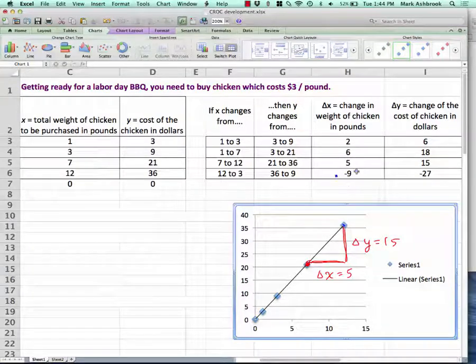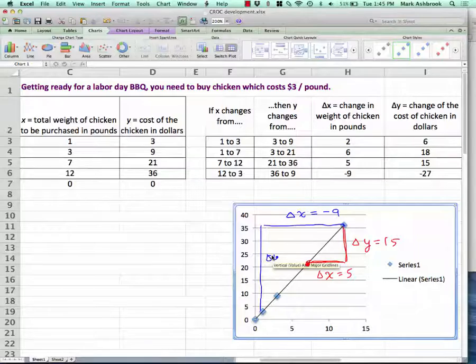Now, delta x is negative, so that means we're taking chicken off the scale, reducing the amount of weight. Delta x equals negative 9. And the corresponding delta y? When we take that many pounds off the scale, our cost goes down by 27. Decreasing quantities have a negative change.